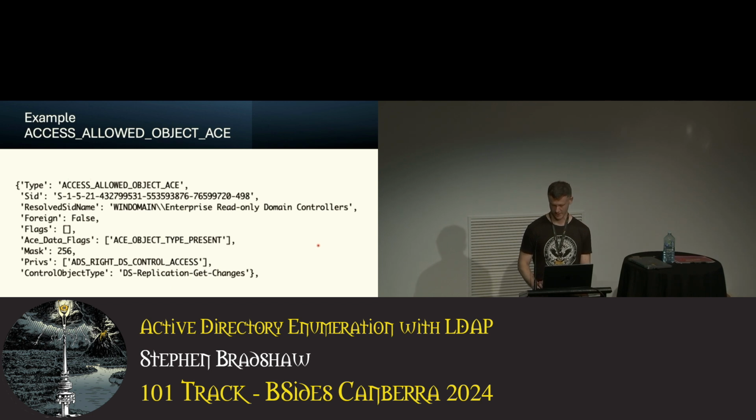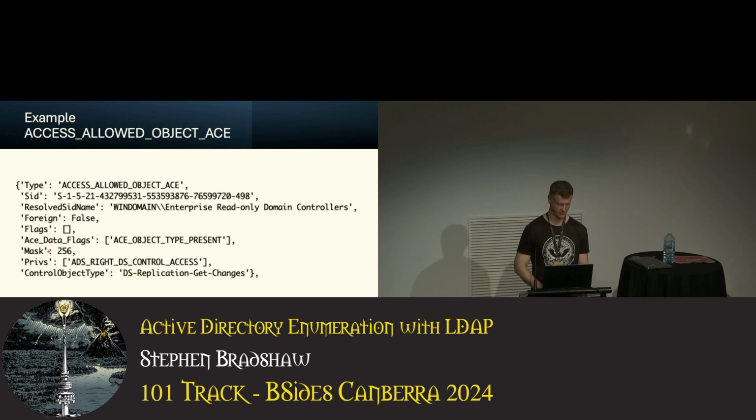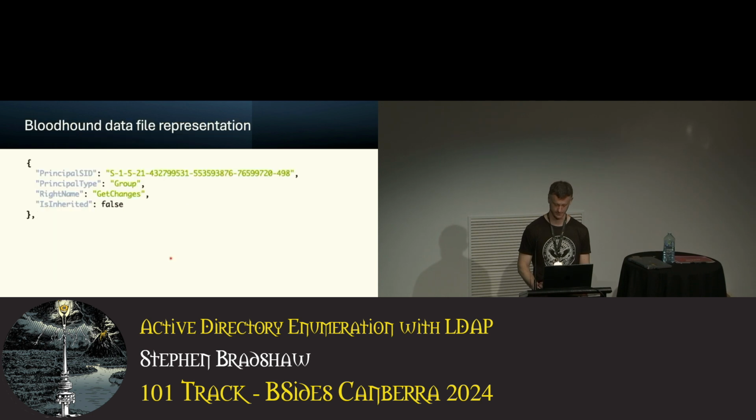Now let's have a look at the BloodHound representation of the same. So in this case, the other components are pretty similar to the previous one we looked at, but the right name in this case has been deduced from two things at once, and I think in this case even from two entirely different access allowed object ACE objects. So we've basically combined two into one.